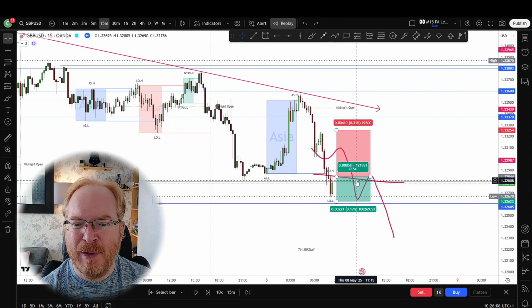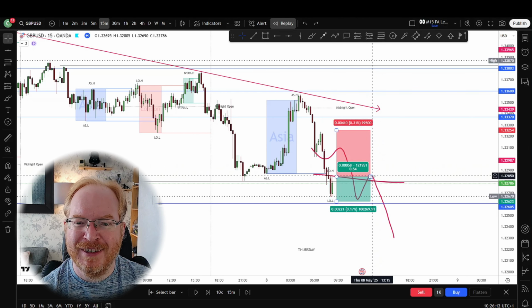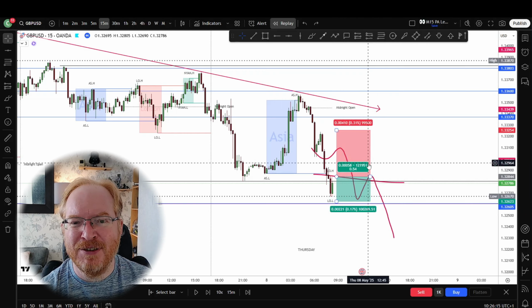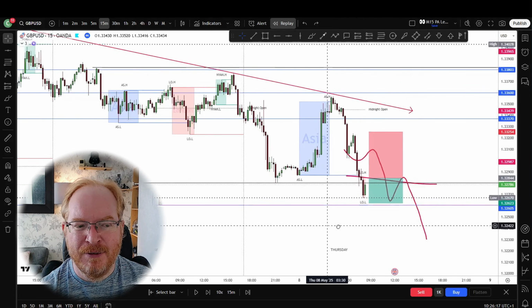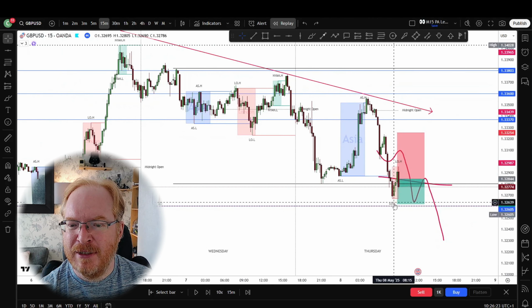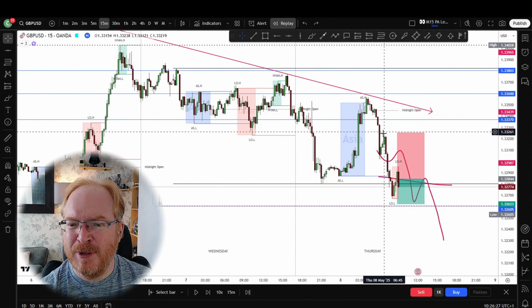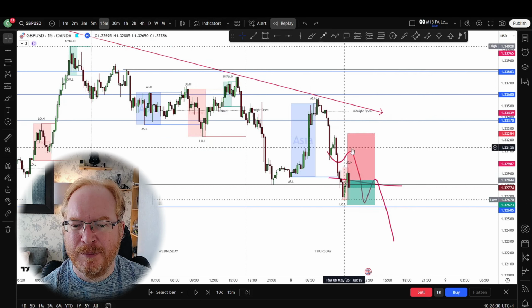Now there was also pound news coming out, I think around about 12:30, something like that, I can't remember. We'll have a look in a second. The interest rates were due. So the plan here, let's just play it on, see where it gets picked up. You can see it broke the Asian low, pulled back. Here's my entry. The stop had to go quite wide as well because we've got this key level here.